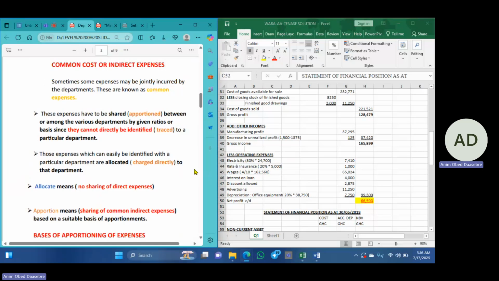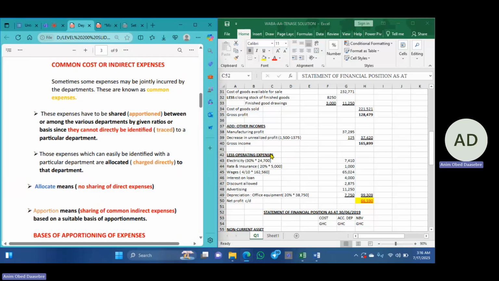Basically for the overheads, especially, which is both the factory overheads and the non-factory overheads. Some of the questions will tell you that you should apportion some costs to this department and to this department. Do you get it? So that will give us apportionment and allocation.